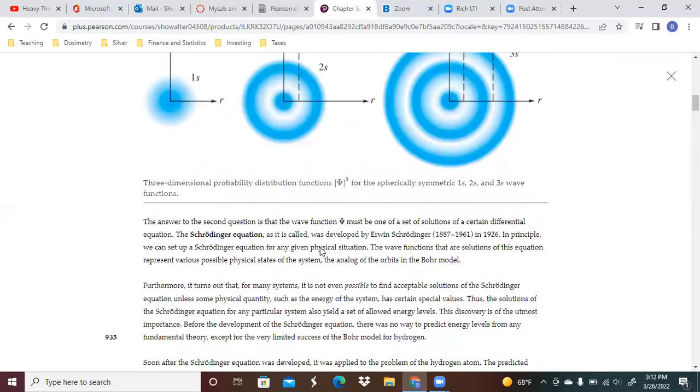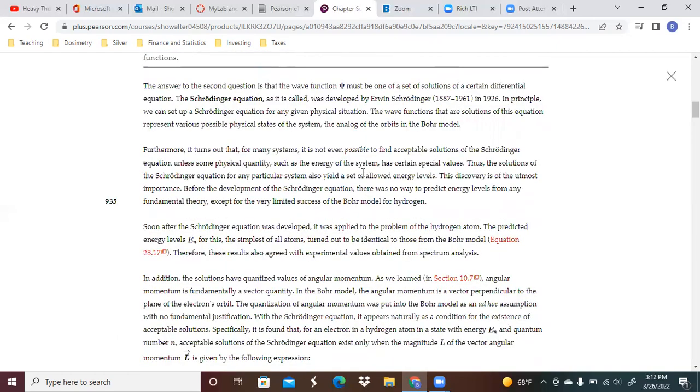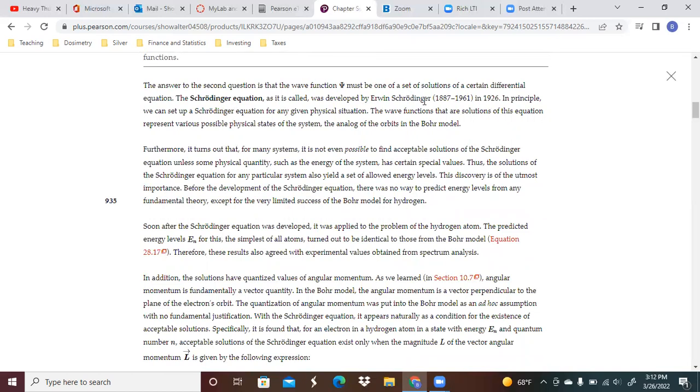So the answer to the second question, again, the second question being, how do we determine what psi is for any particular dynamic state of the system? The wave function must be one of the sets of solutions of a certain differential equation, which again, we're not going to go through. That Schrodinger equation was developed by Erwin Schrodinger in 1926.